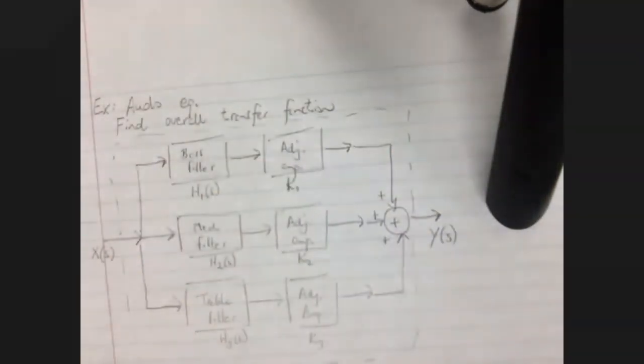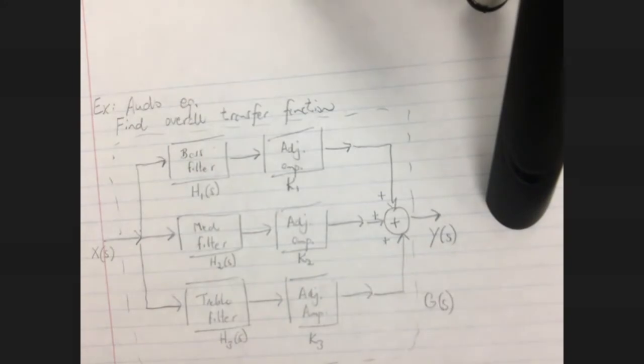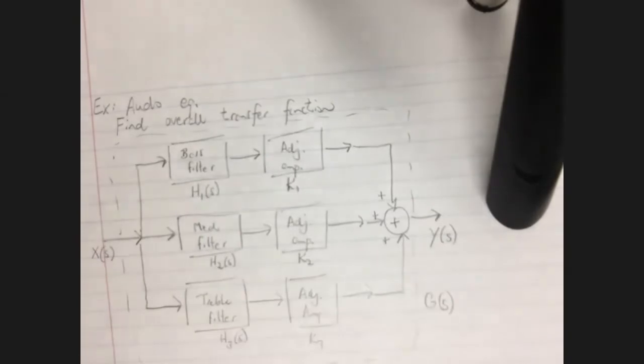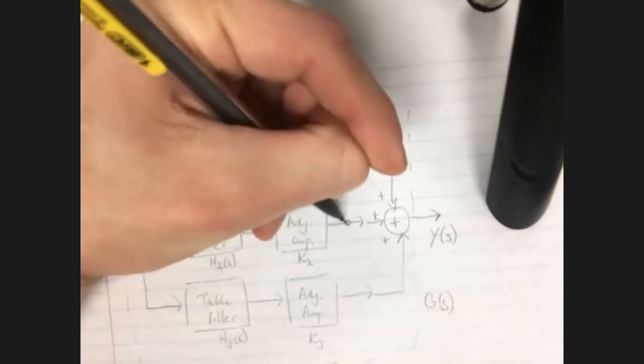This whole thing is going to be my audio equalizer, and let's call it big G of S. So let's find that overall transfer function G of S in terms of K1, H1, and all that. All right, so try that out. And when in doubt, I encourage you to consider these intermediate signals right here. That might be helpful.